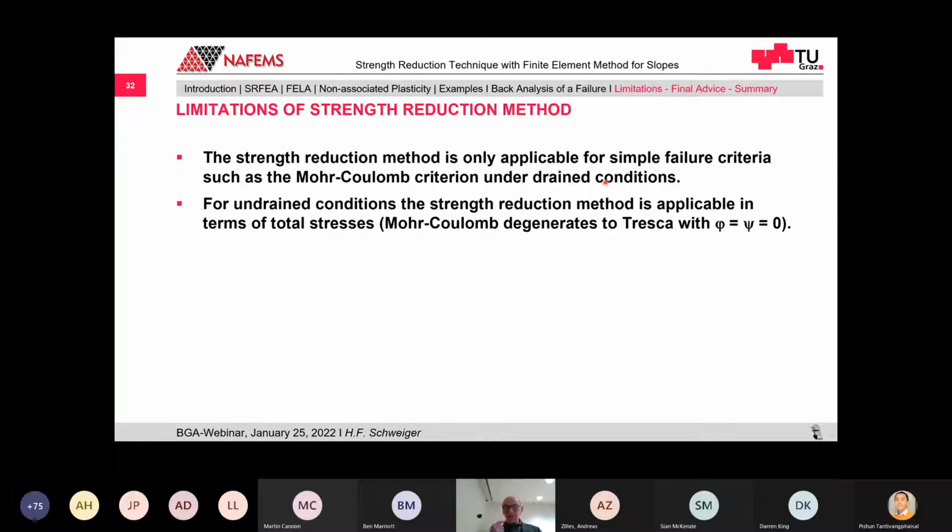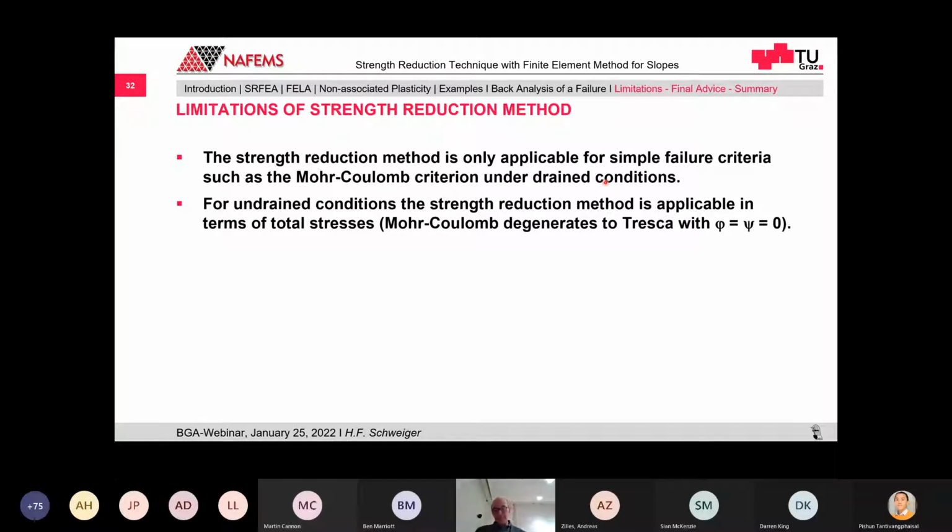But if you want to do an undrained analysis with a complex constitutive model in terms of effective stresses, you have to be very careful. Even with a Mohr-Coulomb, you have to be careful, because what do you do? You have a certain situation with a certain excess pore water pressure, let's say due to cutting a slope, and then you do a factor of safety analysis.